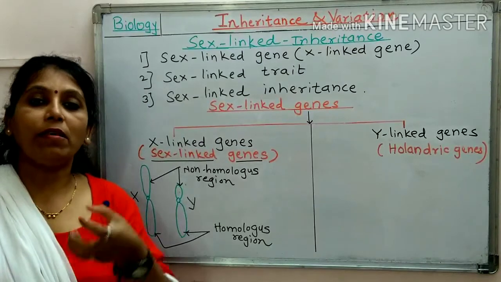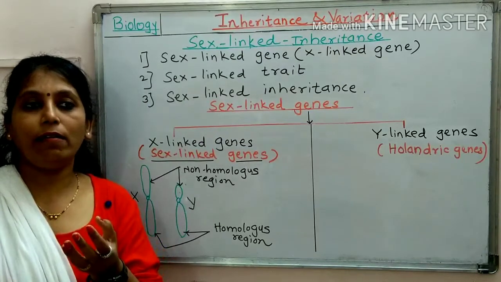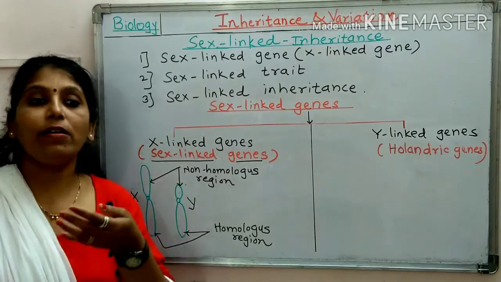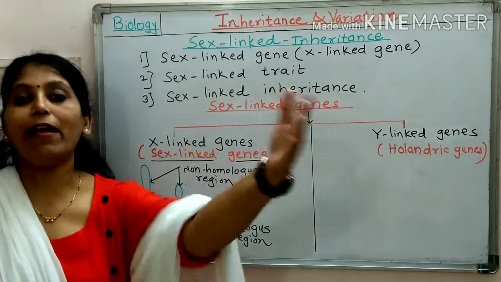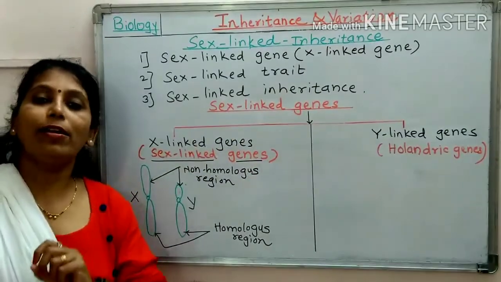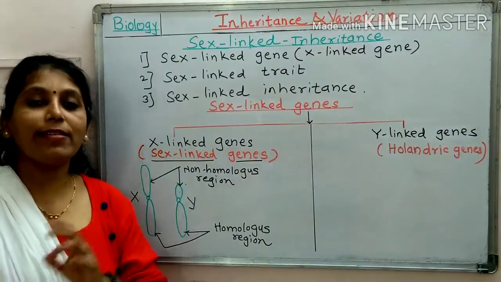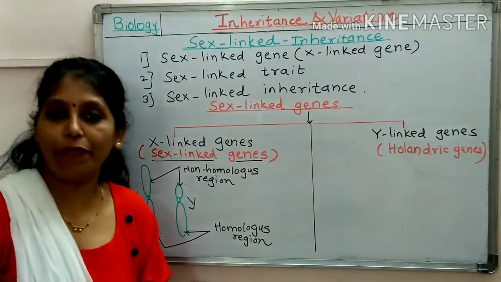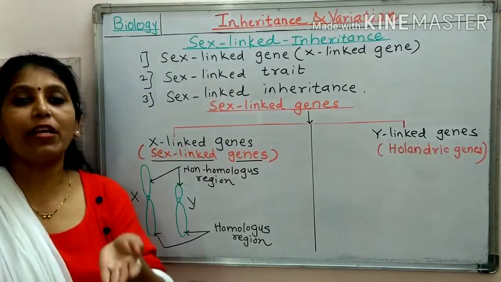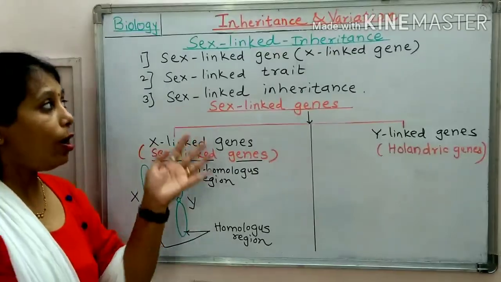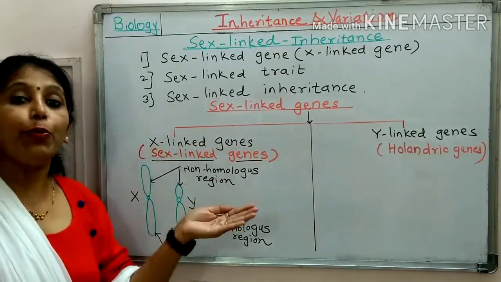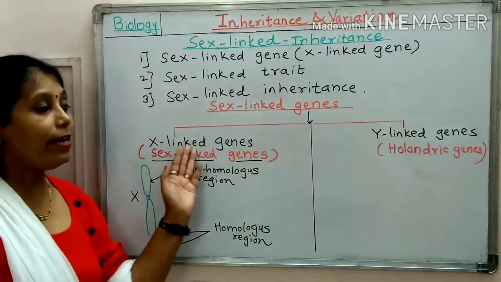The person is able to see things which are very near, but if the object is far away, that person can't see it properly. The disorder is called myopia. Next example is muscular dystrophy, in which the person's muscles get weaker day by day. So all these characteristics or disorders are due to X-linked genes.